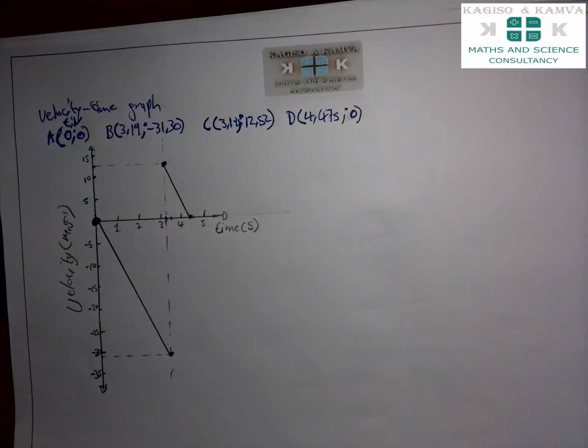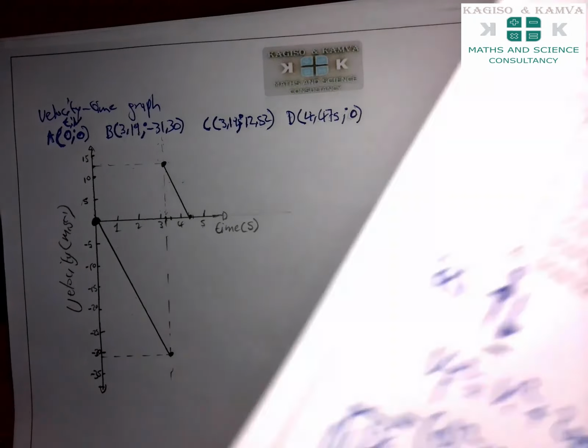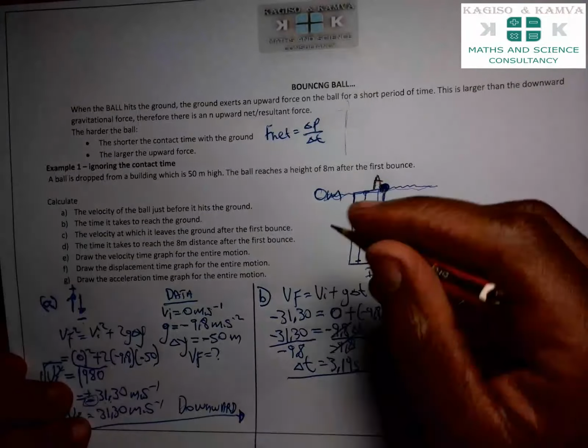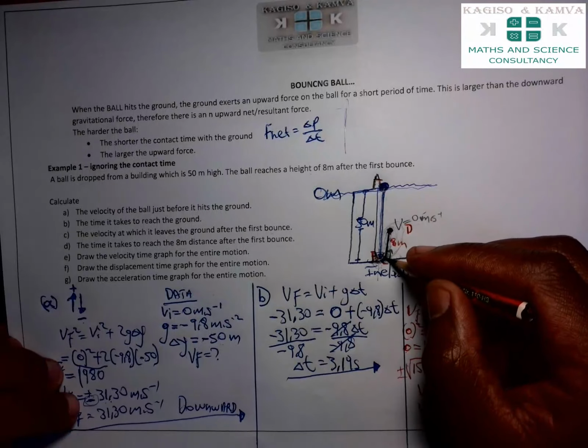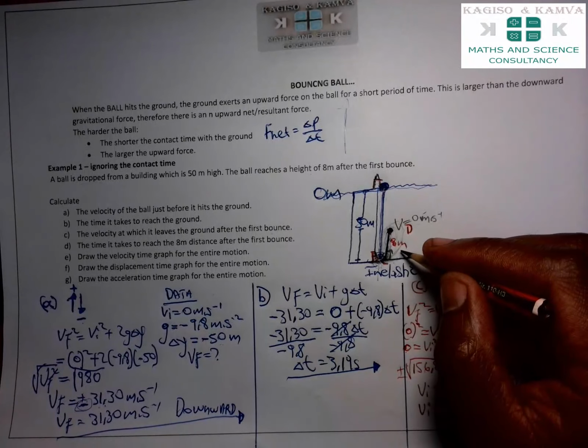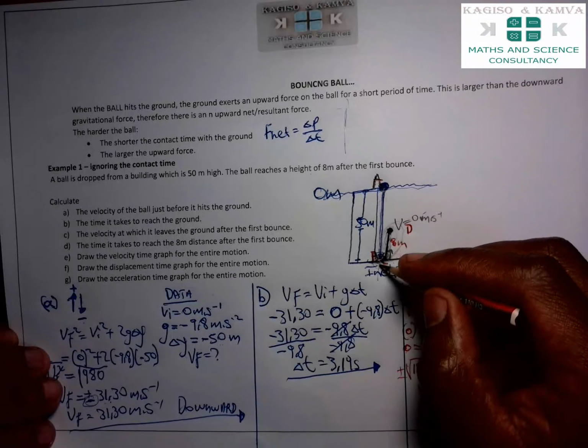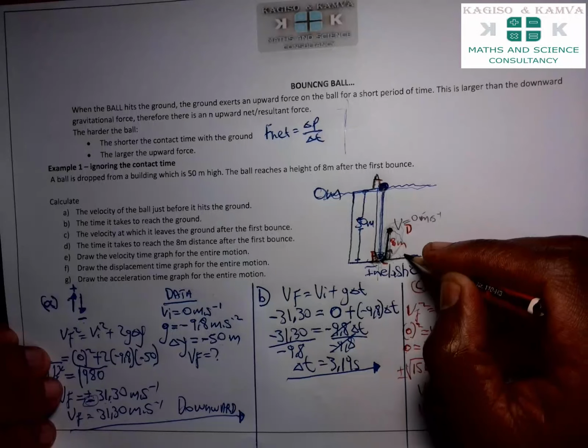Okay, good. But if it was said that this ball bounced for the second time, plot the velocity time graph until the second bounce here.